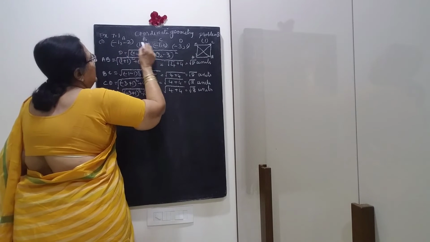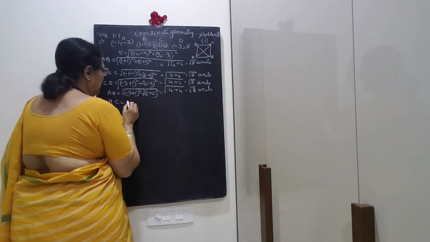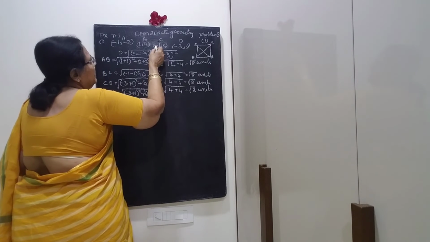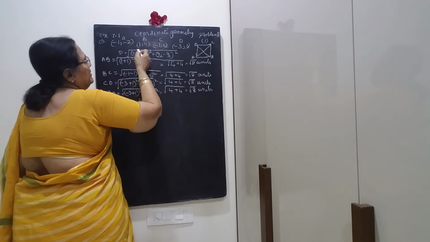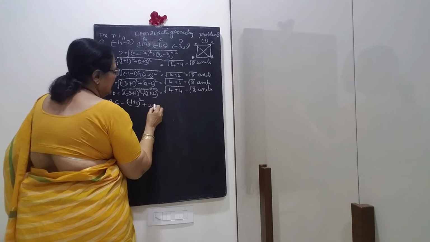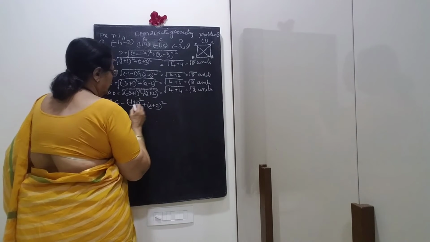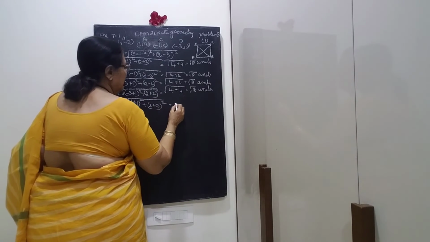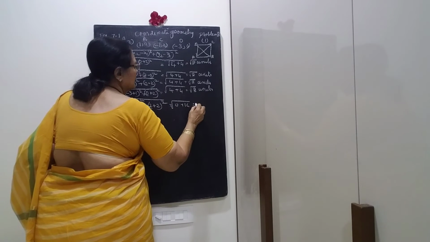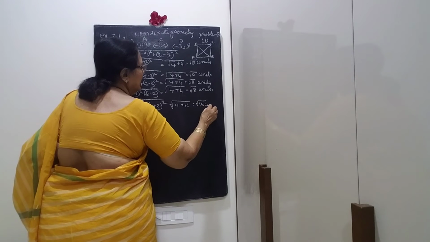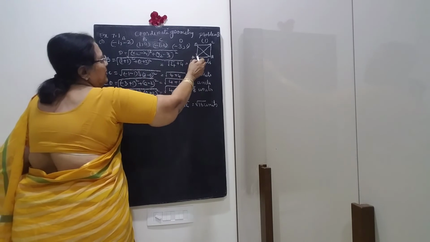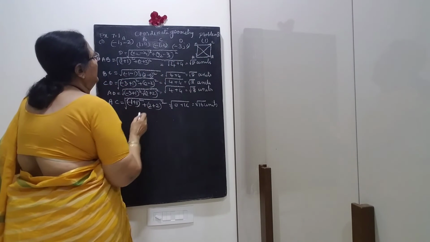AC is (-1 minus of -1) whole square, plus (2 minus of -2) whole square, that is 2 plus 2 whole square. That will be 0 square plus 4 whole square, 16. That is root 16 units. You can write 4 also. Let us find out BD.